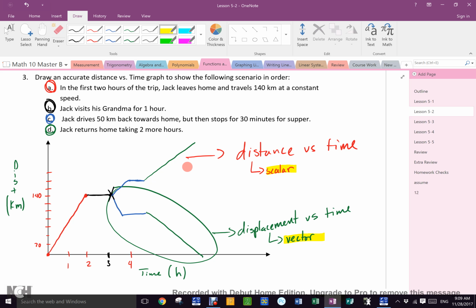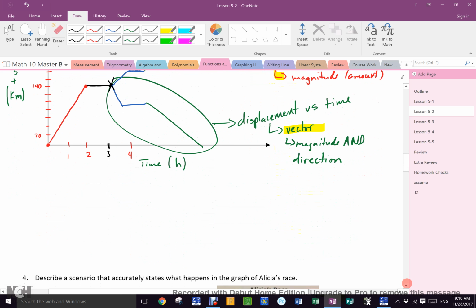Now, a vector has a magnitude, which is an amount, and this just has a magnitude, which is an amount. This has a magnitude and a direction. Is everybody cool?